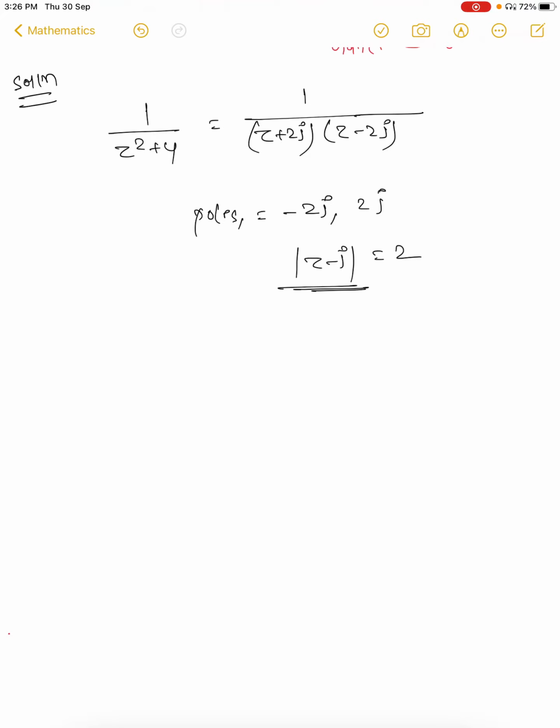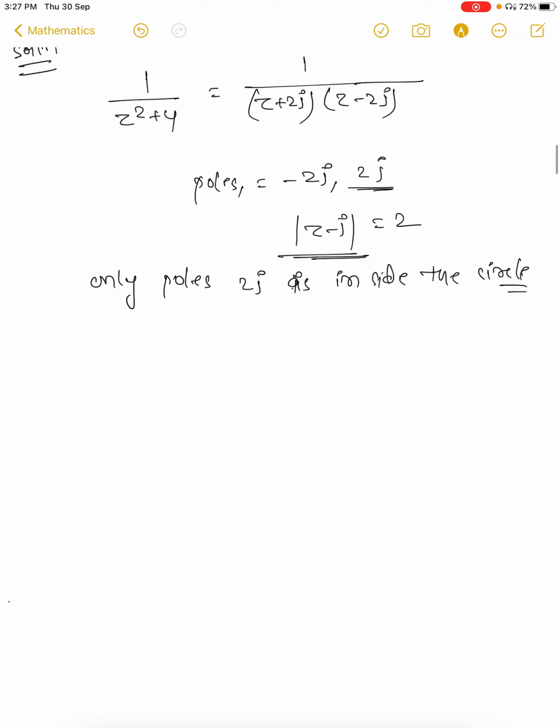From here, only the pole 2j lies inside the circle.